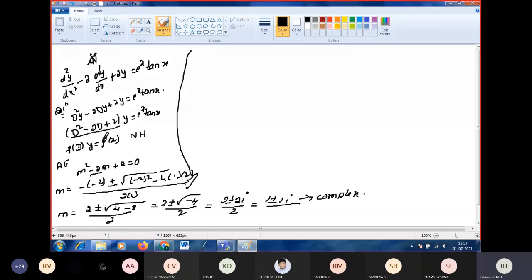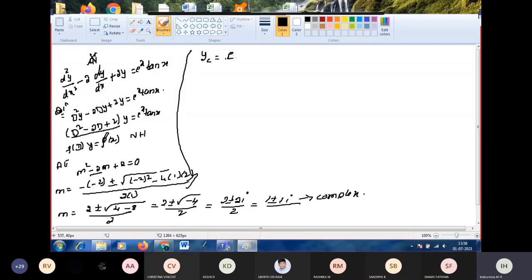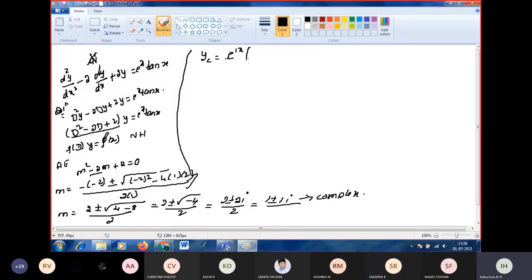Now write down yc. How do we write yc now? yc is equal to e to the power of x, into C1 cos x plus C2 sin x. Before writing c1 as a and c2 as b, first multiply by e power x.